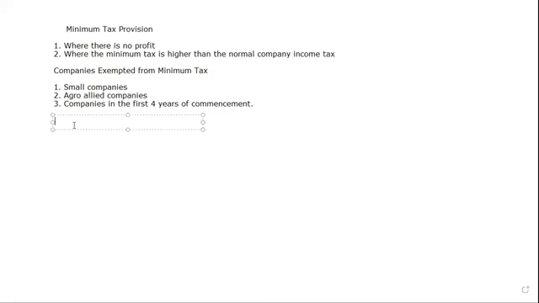How do you now compute minimum tax? Minimum tax is computed as 0.5% of gross turnover less franked investment income.